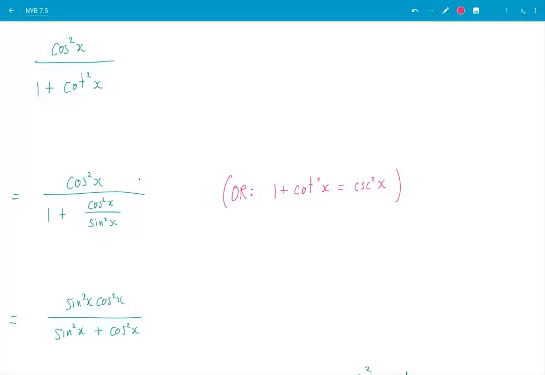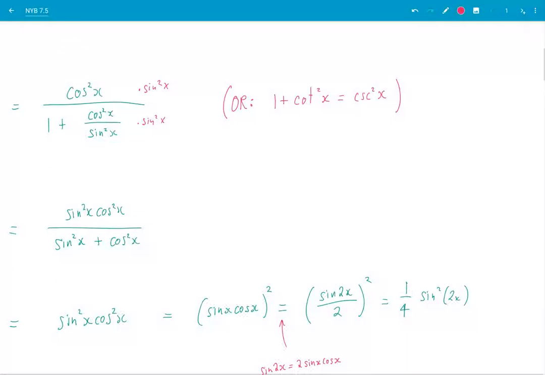So I went times sine squared on top and times sine squared on the bottom. And what appeared on the bottom is my familiar sine squared plus cos squared, which is just 1.